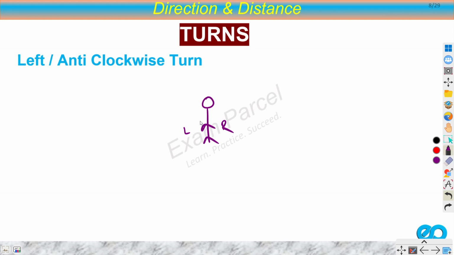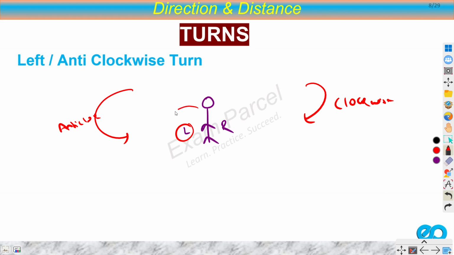Left turn means anti-clockwise. Clockwise is this one, and anti-clockwise is this one. Think of this: the left hand is this side, so obviously this would be anti-clockwise. If you take a left turn, it means anti-clockwise.